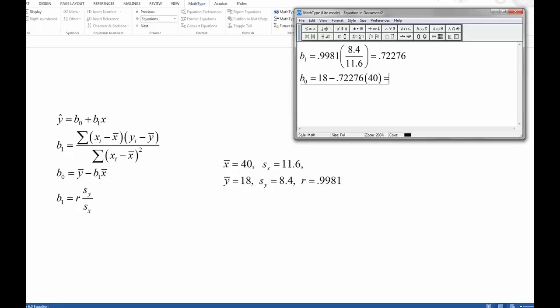And I get negative 10.9104. Okay, so putting that all together, our y hat, our LSRL equation, is negative 10.9104 plus 0.72276x, which is what we are going to use to predict.